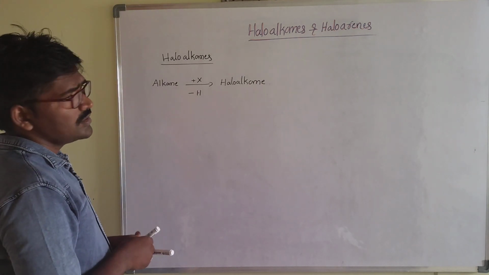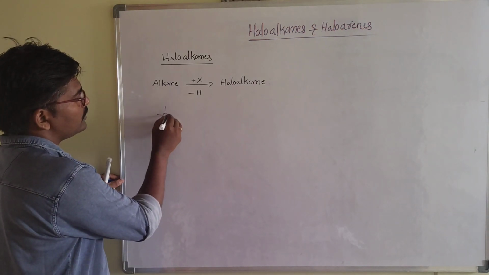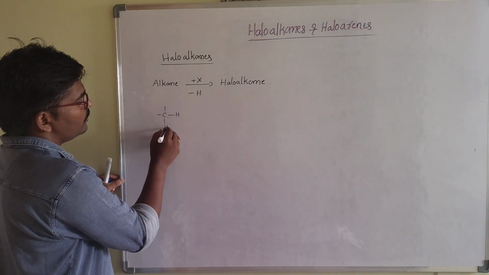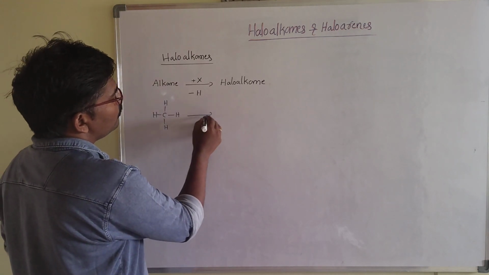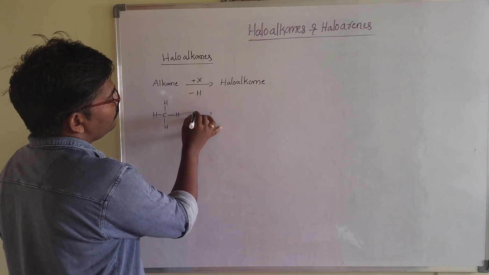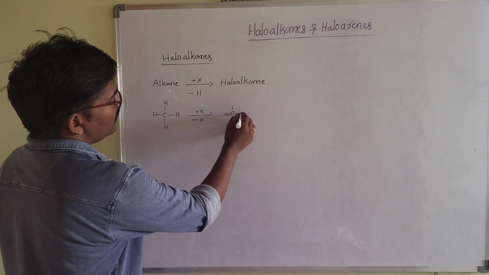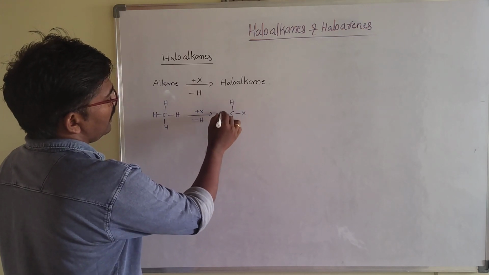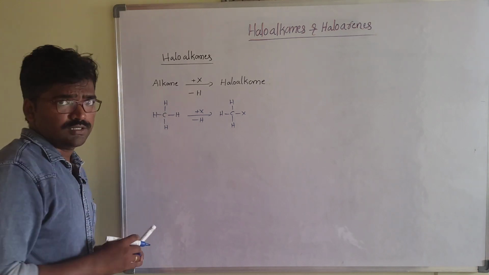One example we are taking is the methane molecule. We know that in methane, carbon is surrounded by 4 hydrogen atoms. If you remove one of the hydrogen atoms and add a halogen, then we get halomethane. So these are generally haloalkanes.